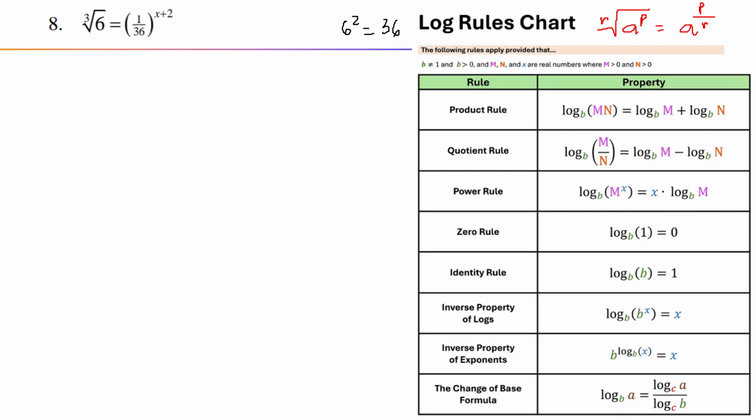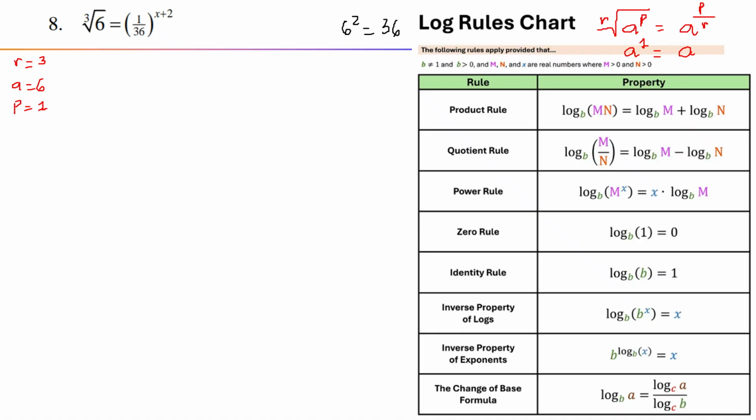Okay, now we have the cube root of 6. So the root r will be 3. The base a is 6. And then the power is 1. Anything to the power of 1 is itself.